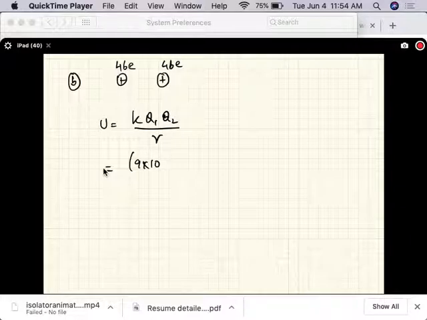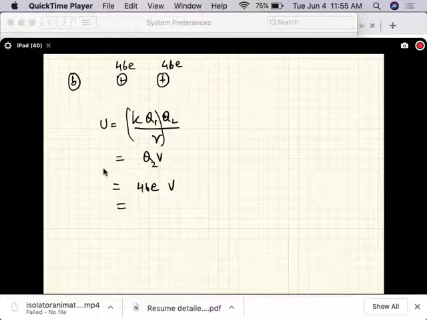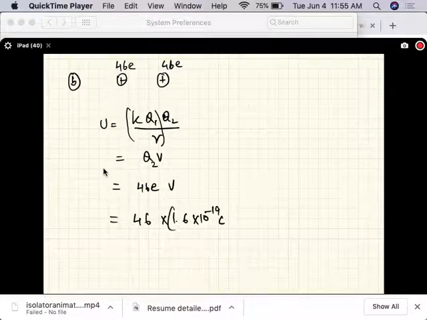Actually, let me simplify this. Q times V. Remember this was V, so Q2 times V, which is 46E times V. And the voltage was 3.31 times 10 to the 6 volts.